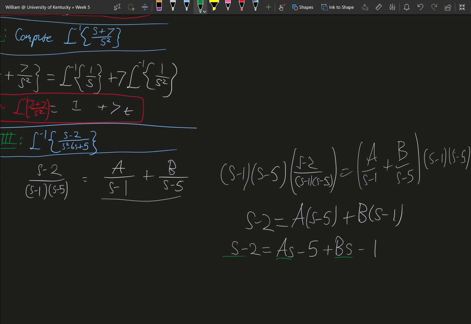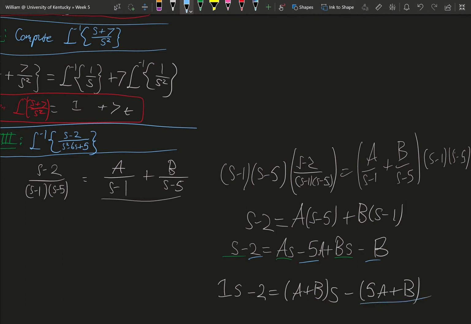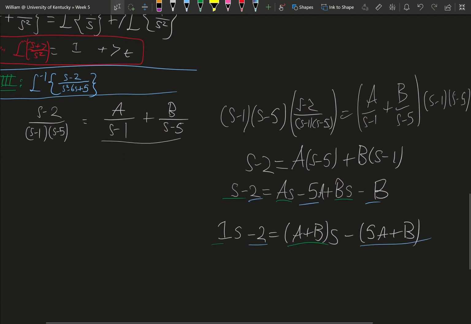So note we have our s coefficients and our constant terms. Oh, and I did not distribute properly. So we compare coefficients, and we see that we get a system of equations.